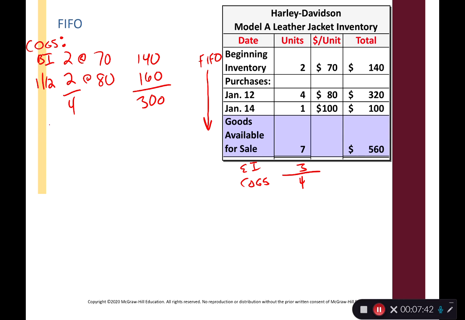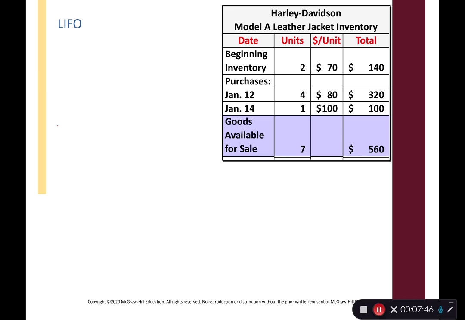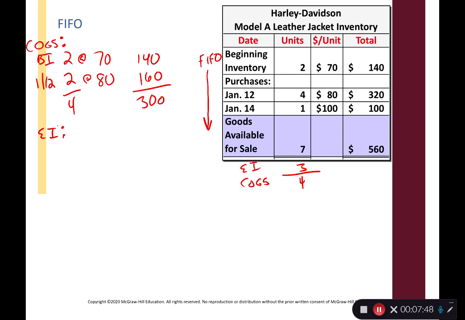LIFO we'll do in a minute. Let's get the ending inventory under FIFO. So the way I approach all of these is I start by getting cost of goods sold. Even if the question asks for ending inventory, I get cost of goods sold first, because ending inventory is simply what remains.